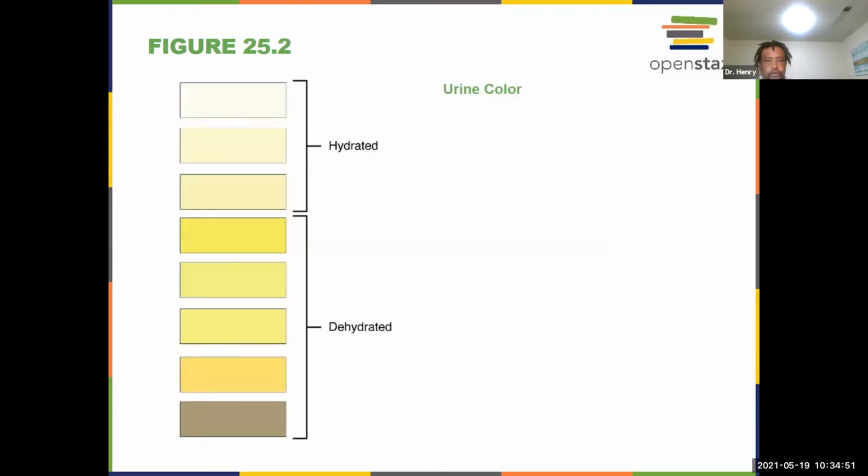Okay, so this is the color of urine. We know that our body needs water for tons and tons of processes. One of the major processes that our body needs water for is hydrolysis.